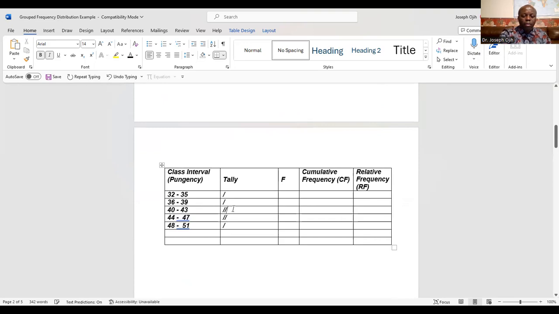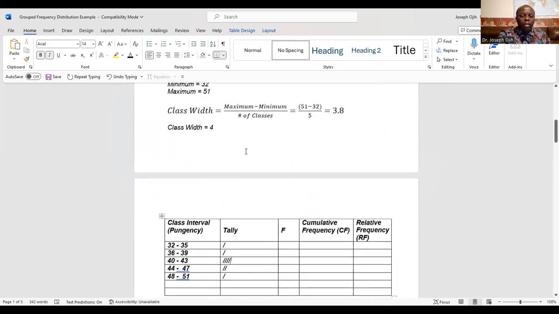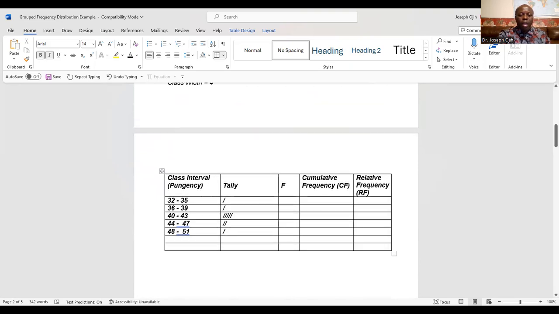Two of them, so two tallies. 42 will be right here. Now that will make it 5 tallies. So once you reach 5 tallies, you give two gaps.